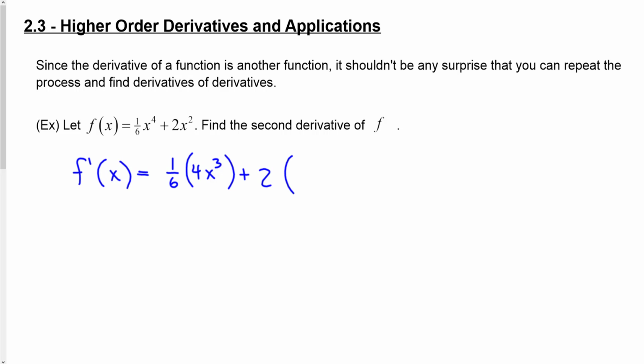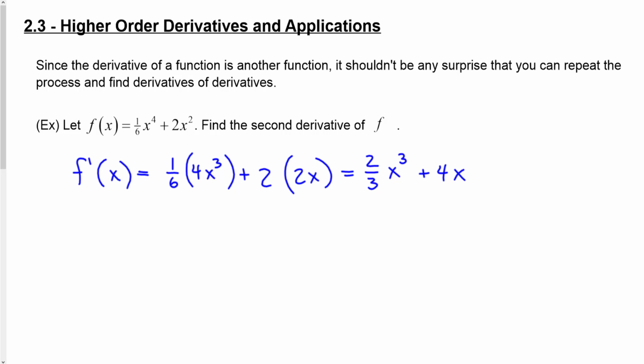Then 2 times the derivative of x squared is 2x. So we get 4 times 1/6 would reduce and become 2/3 x to the third power plus 4x.